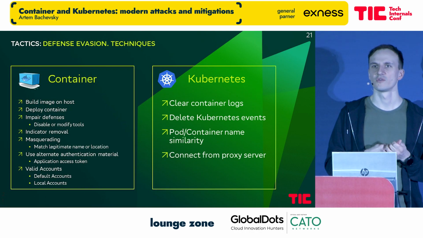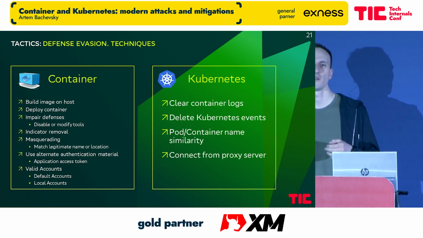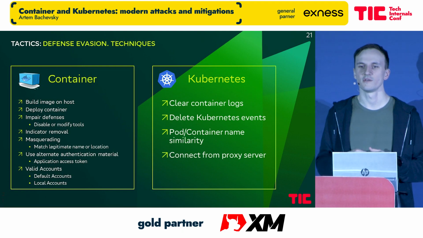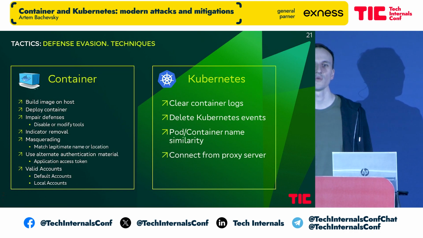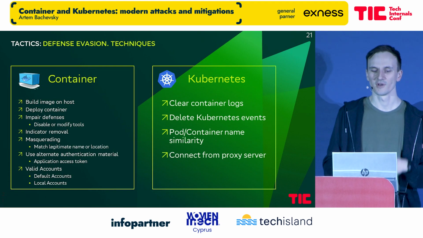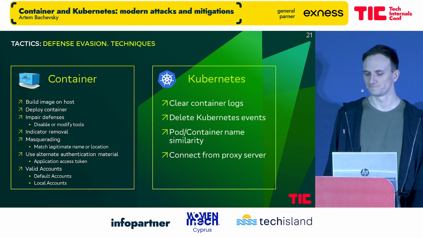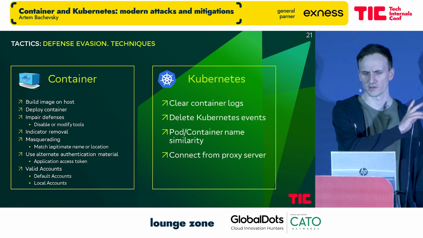For example, use a name like Cilium with two L's inside the default namespace. And if the only security measure is the eyes of DevOps, you could go through it and nobody will understand that it's some malware activity.